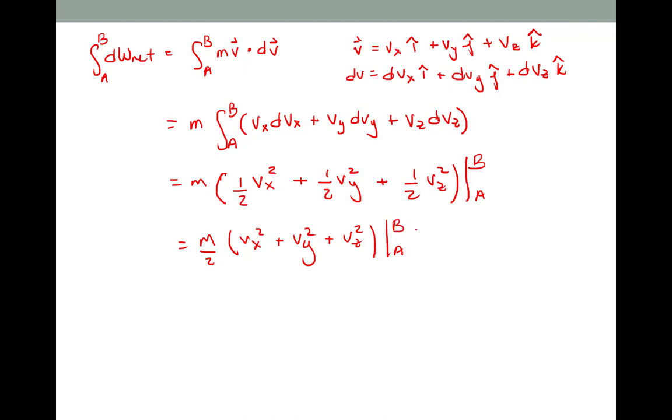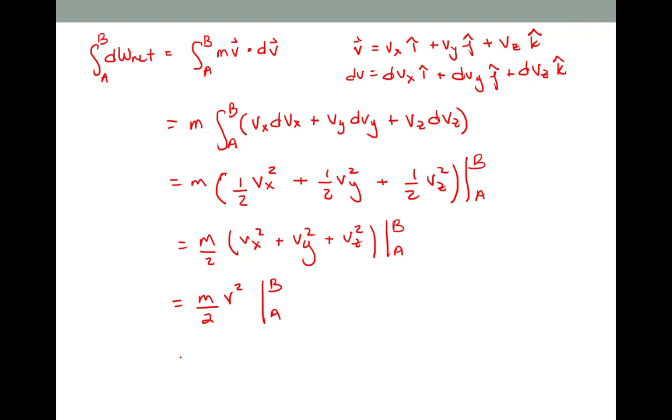And now look at that piece that's in parentheses, vx squared plus vy squared plus vz squared. Well, that by definition is v squared.